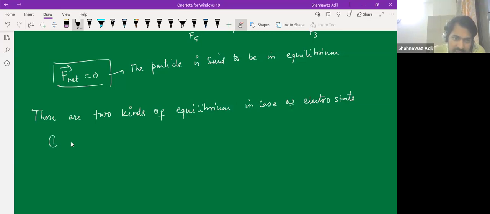One is that a point is at equilibrium. And the second is that a system is at equilibrium.